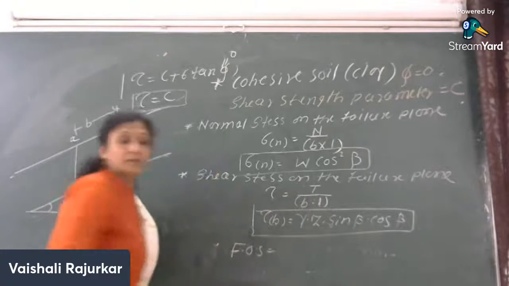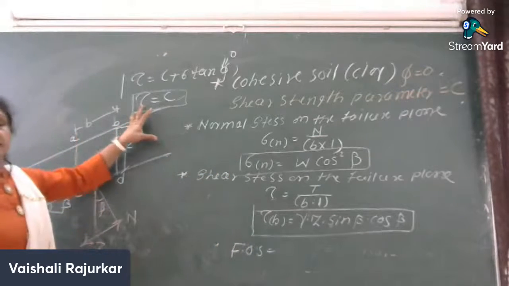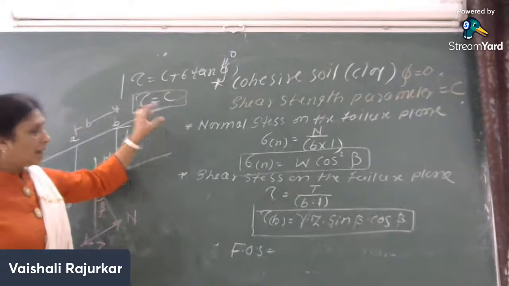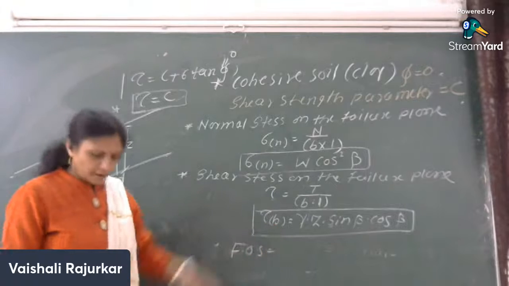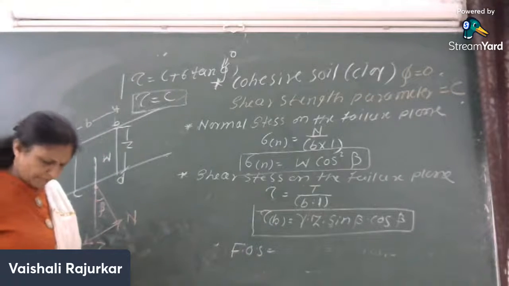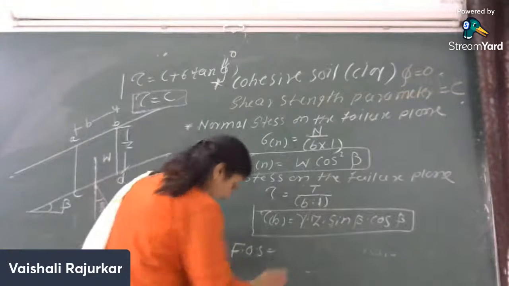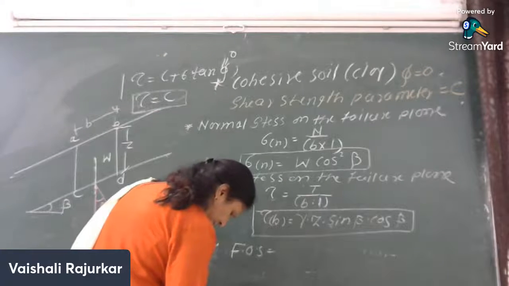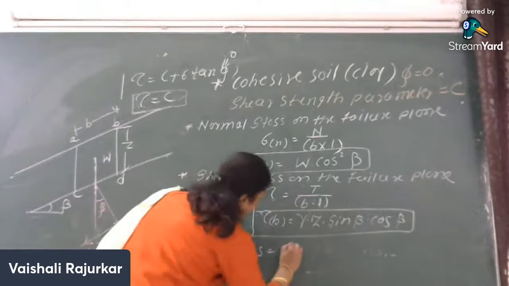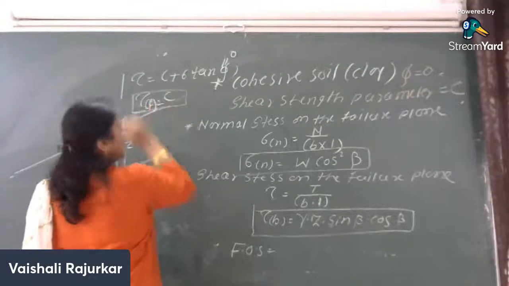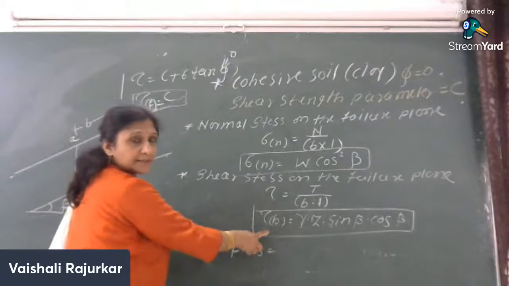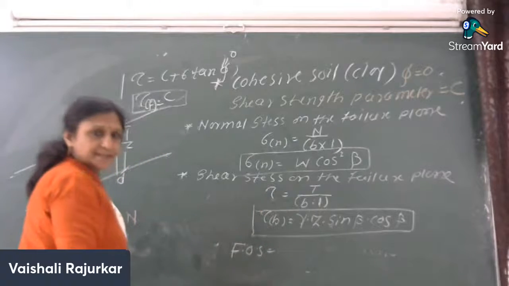is equal to, what is shear strength? Shear strength is tau f and shear stress is tau b. Here we will consider this is tau f, the shear strength, and this is tau p, the sliding stress.